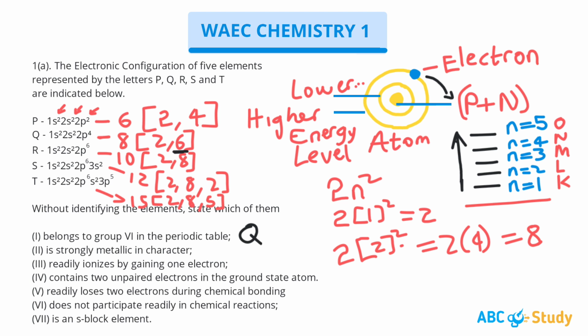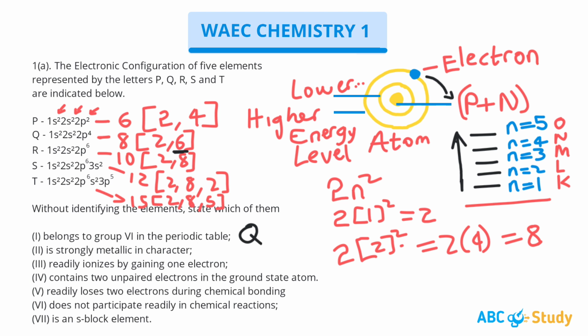It could be an electron, it could be electrons. The one that would give out electrons is called a metal, and the one that would accept those electrons would be the non-metal.